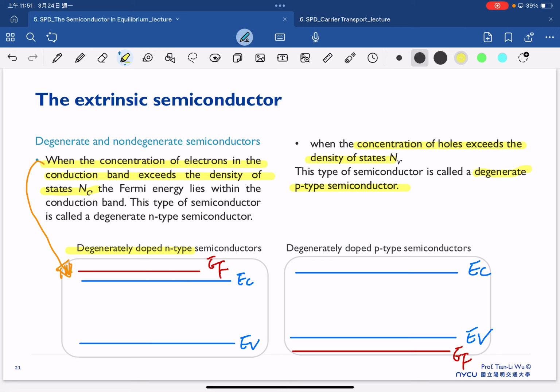That's why your Fermi energy will be above your conduction band. Because in most cases, if our doping concentration is not high enough, the EF is always here. But once you have EF above your EC, that means this is a very high concentration case. And in this case, that's what we call the degenerate semiconductor. This is not a typical semiconductor. This is another type of semiconductor case.